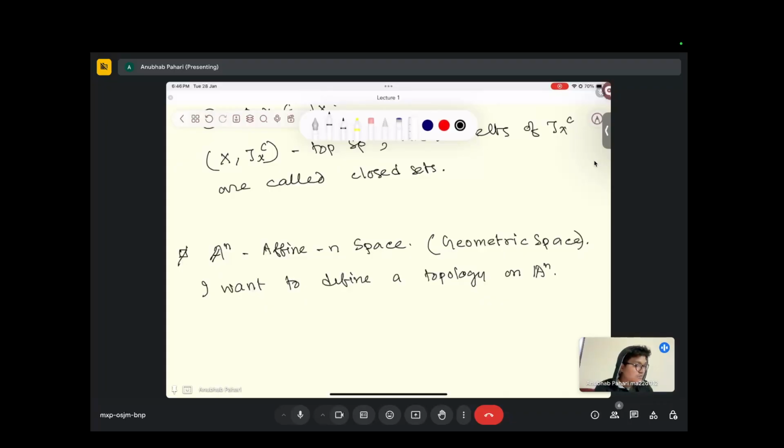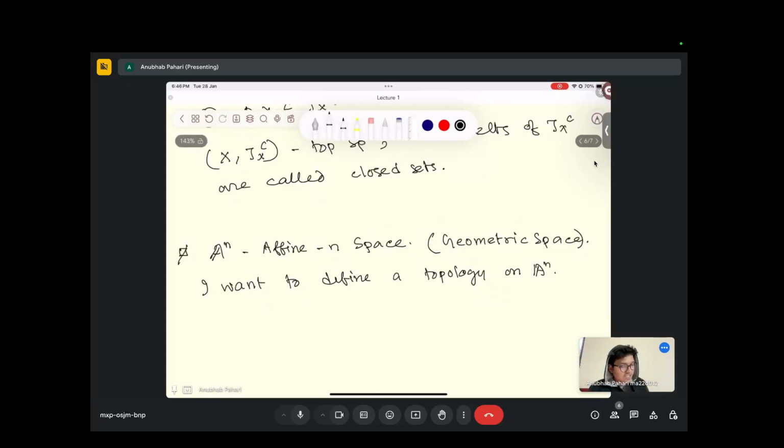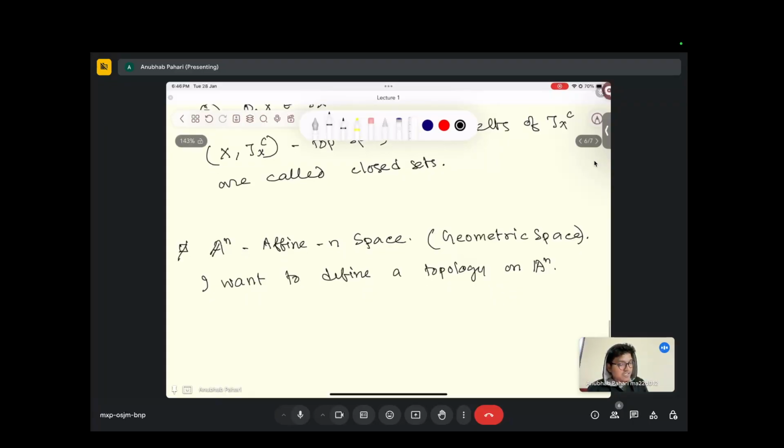So you know that A^n is an affine n-space, and I want to define a topology on A^n, and you know what an algebraic set is, right?